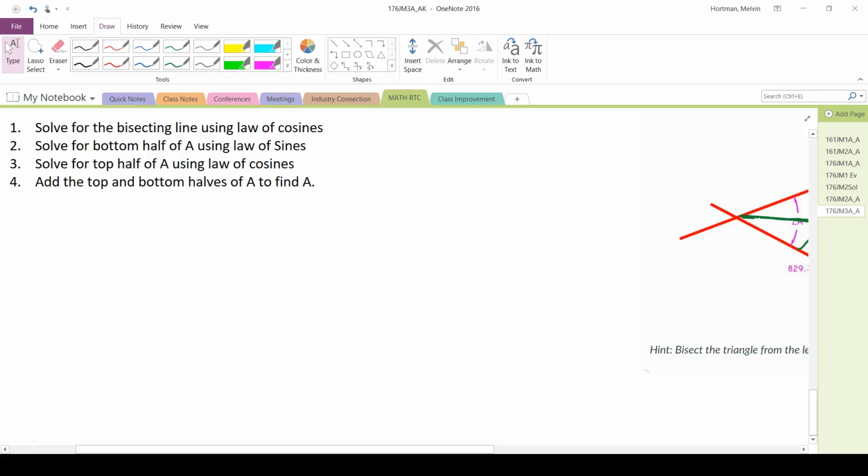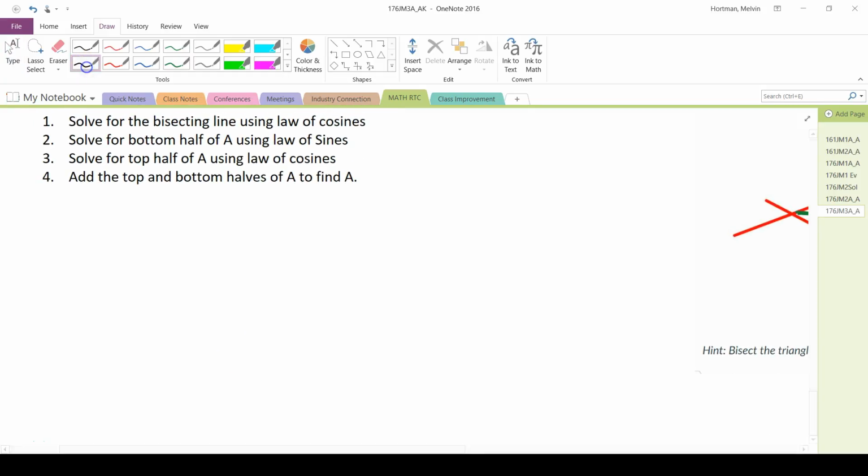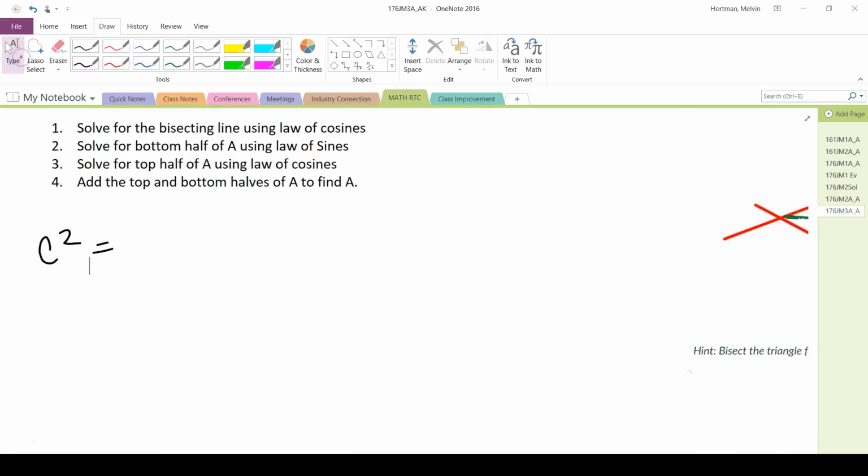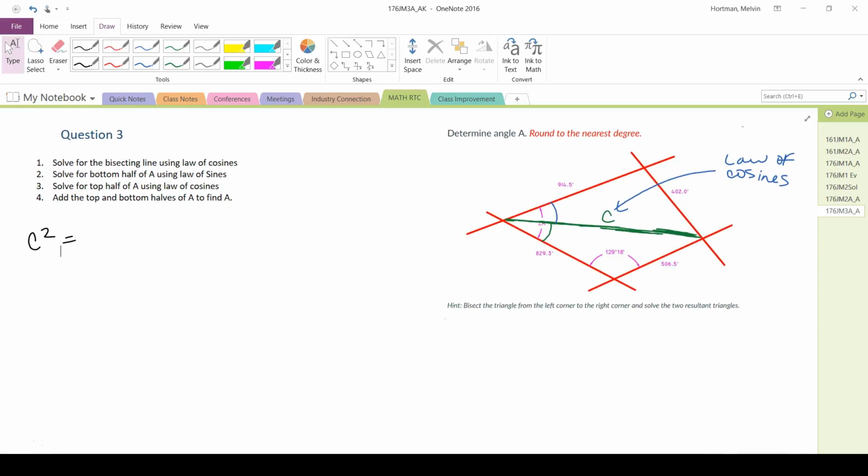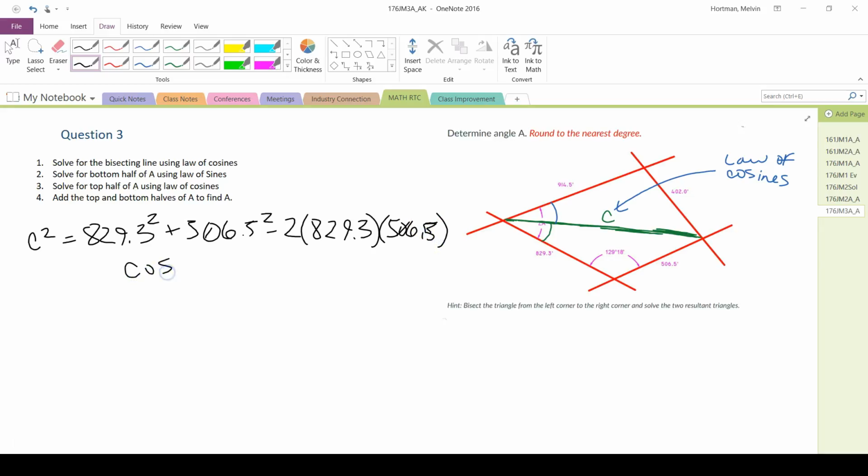So the first thing is to solve for C. C squared equals a squared plus b squared minus 2 times a times b times cosine of angle C. So to fill it in, 829.3 squared plus 506.5 squared minus 2 times 829.3 times 506.5, all times cosine of 129 and 18 degrees.